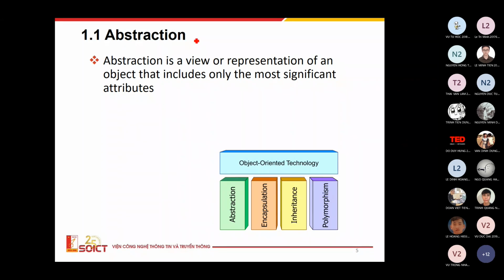Yeah. And abstraction means how you can describe an object or something. Abstraction means you want to define something in your own way. And if you want to describe or define something, of course, you have to show the most significant properties of that object or element.